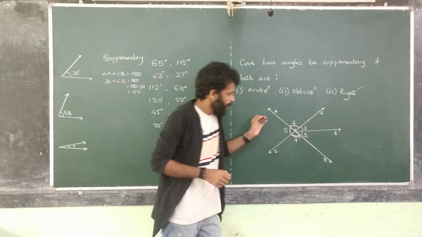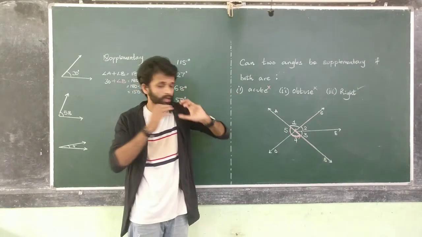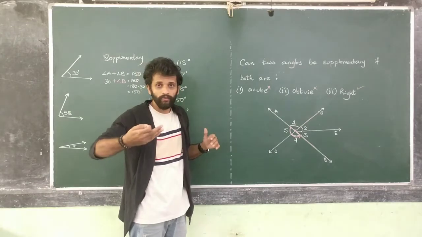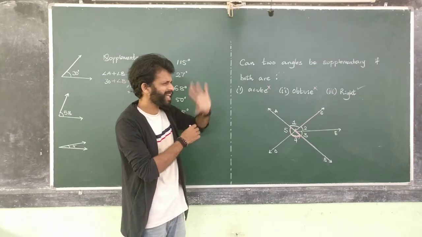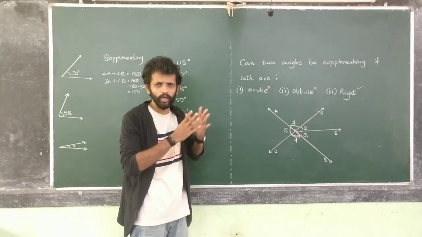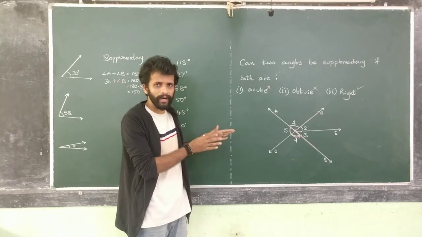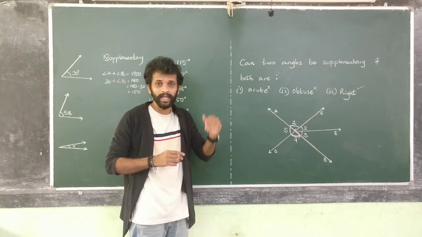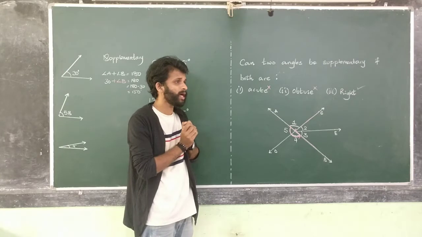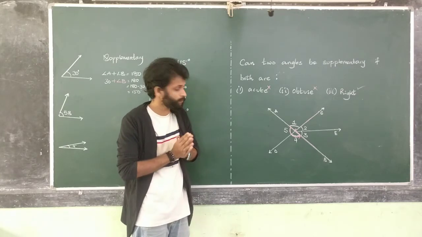Another very important idea of another kind of related angles, among the angles that we're discussing. I did not put it in the previous video because I wanted to show you practically what exactly are vertically opposite angles. Now, what do we mean by vertically opposite?